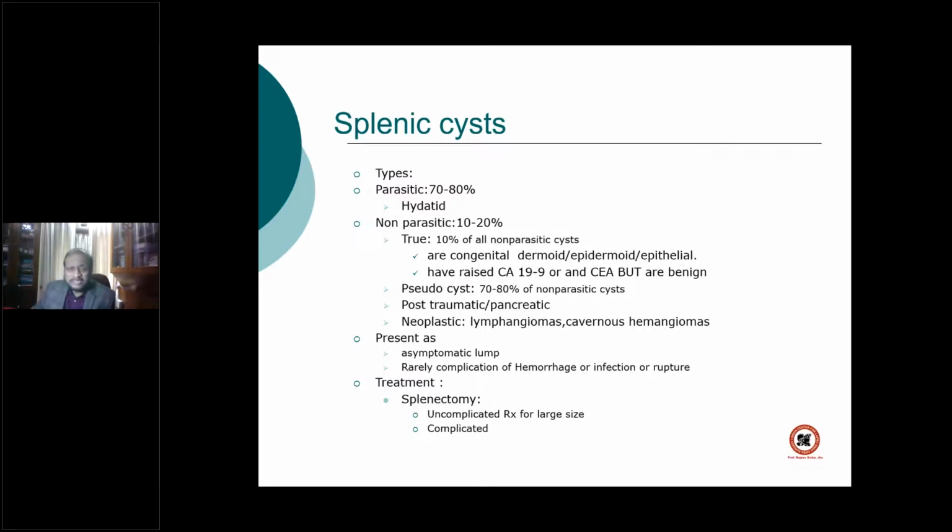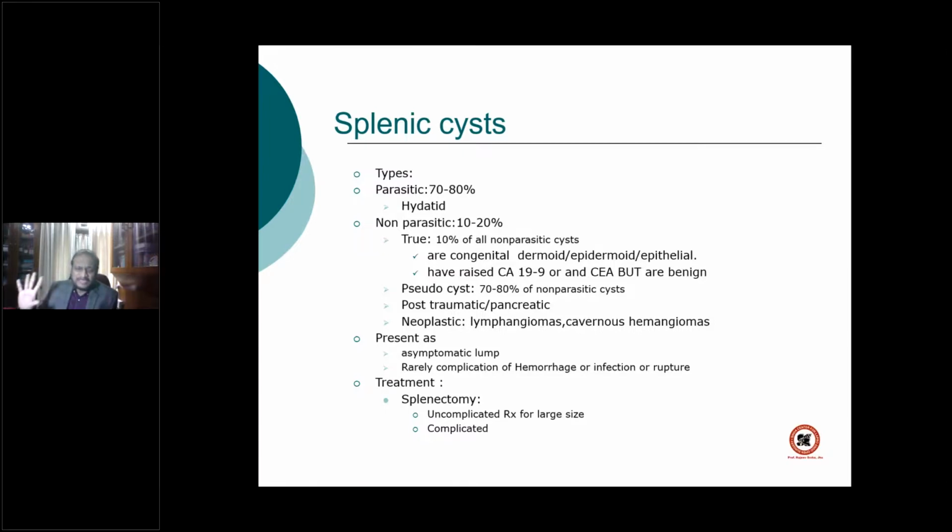But here, remember, it's a benign condition. A true non-parasitic cyst is benign, and still you find raised CA19-9 and CEA, right? They present as an asymptomatic lump, or rarely there will be complications in the form of hemorrhage, infection, or rupture. Then they become symptomatic. The treatment is splenectomy.